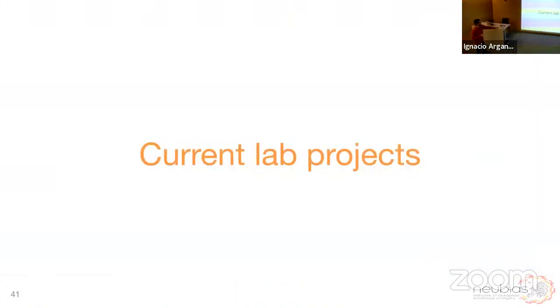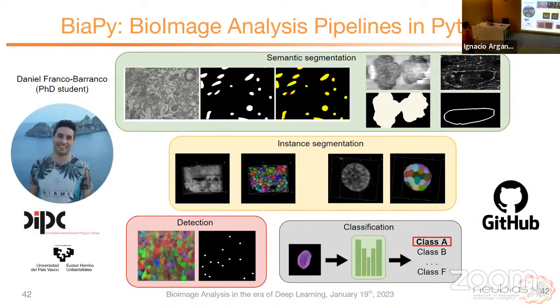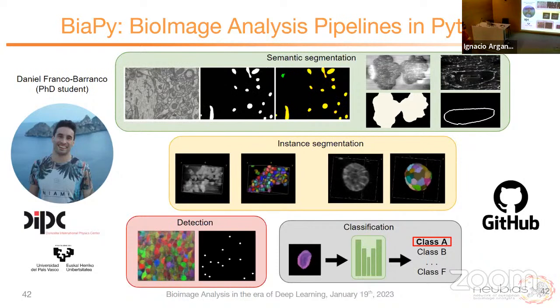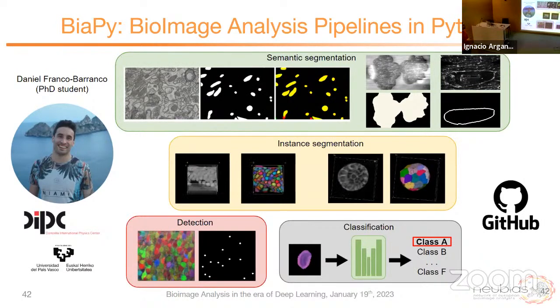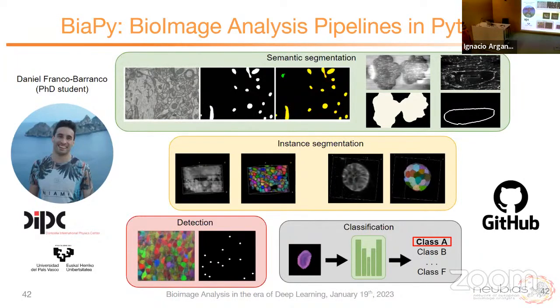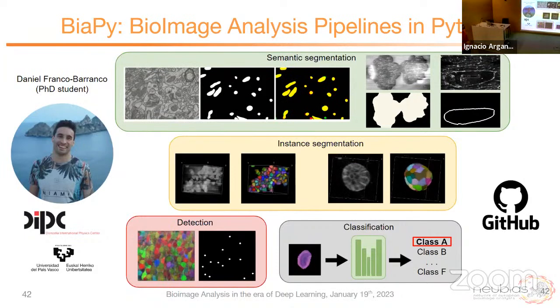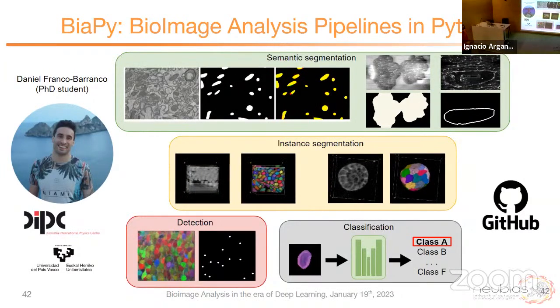So just to finish, I want to introduce you a few of the things that we're doing in the lab. As I said, we have one of the big efforts is developed by Danny, who's working here part-time and also as my PhD student. That everything started as actually a master project, and then we started to create things to do semantic segmentation of mitochondria on electron microscopy images.